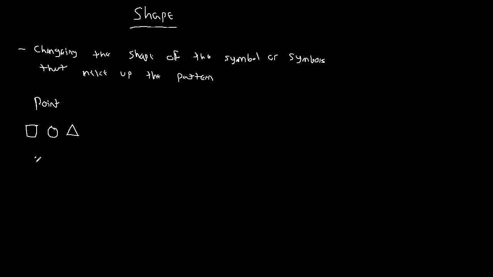For lines, what we could do is change the dash shape. So maybe one dash shape would be a line like that. Maybe one dash shape might be a cross like this.